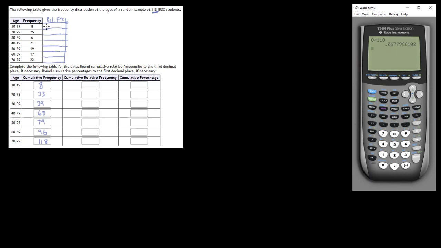So that's going to be 0.067797. That's 6 places. It's not our final answer, so it doesn't have to be perfect right now, but you want to save more decimal places rather than less.